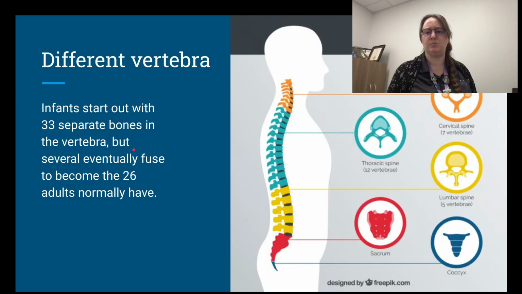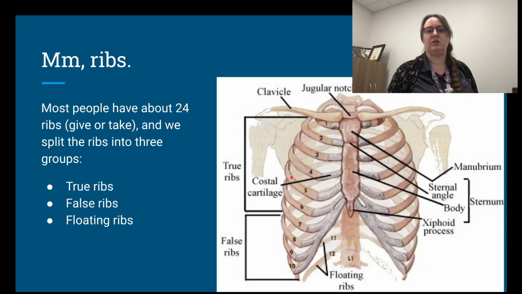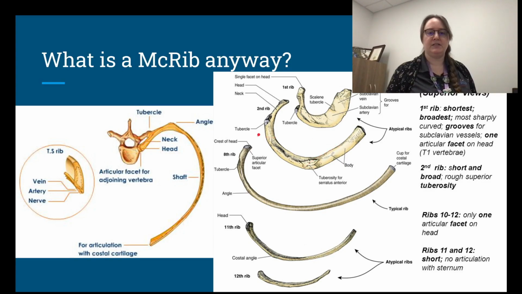So it has 2 attachment points, which is why you have these 2 spots right here on the thoracic vertebrae. Pretty cool, huh? You only see that on the thoracic spine, because that's where the rib cage is. That's why there are 2 attachment points.